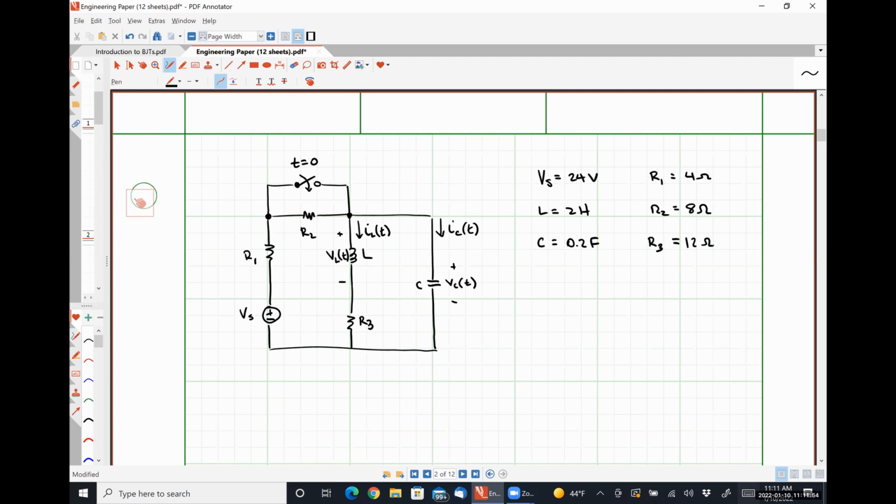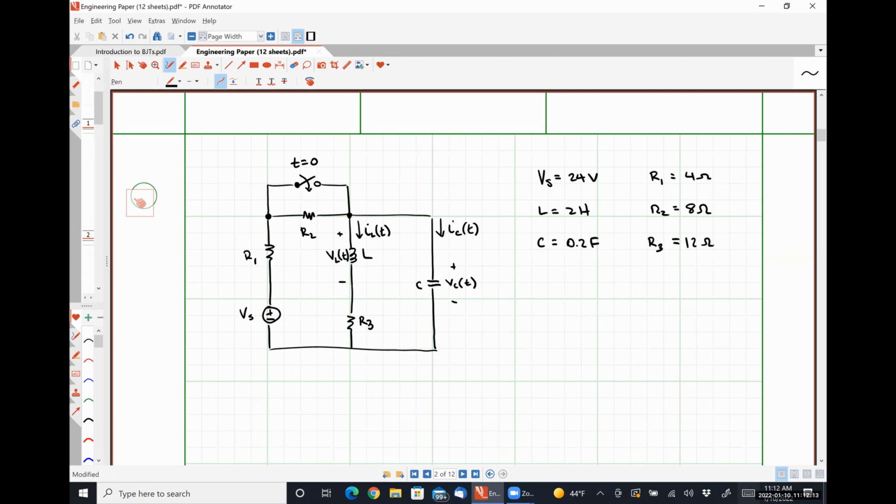So this is definitely not going to behave like a simple series RLC circuit. It is close, but it's not the same, okay? So we are going to have to spend some time developing our differential equation here, all right?